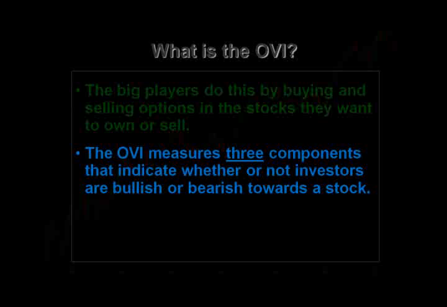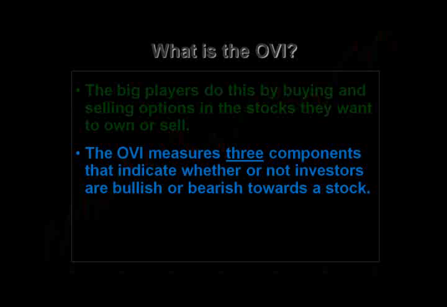The OVI measures three basic components that indicate whether or not these big investors are bullish or bearish towards a particular stock. Now, you'll hear me say quite often during this course that the stocks themselves need to be liquid. What I mean by that is that the volume of stock being traded needs to be quite high. There needs to be plenty of buying and selling activity each day, and also plenty of buying and selling activity with the stock options.